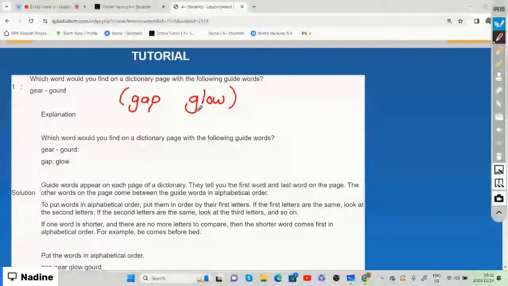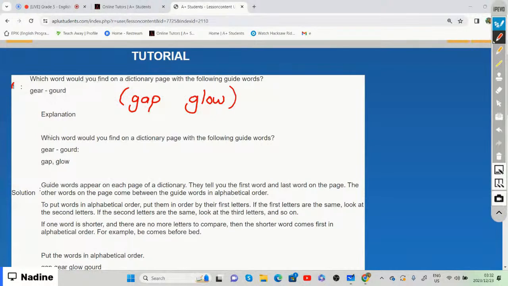Gear and gourd, both these words start with a G. The question is, which word would you find on a dictionary page with the following guide words? If your guide words are gear and gourd, between gap and glow, which one of these words would you find between gear and gourd?